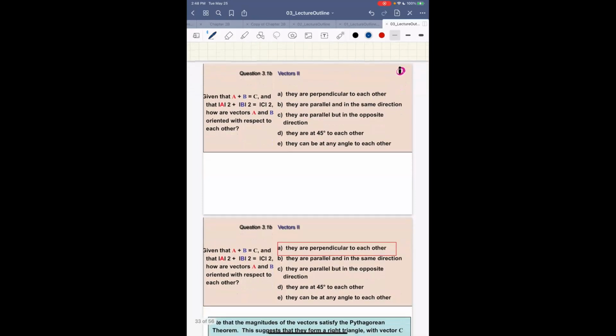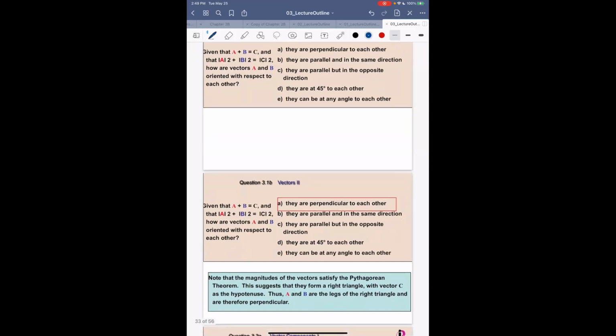And I will say here, okay, how are vectors A and B oriented with respect to each other? Okay, now I will say here they should be perpendicular to each other.